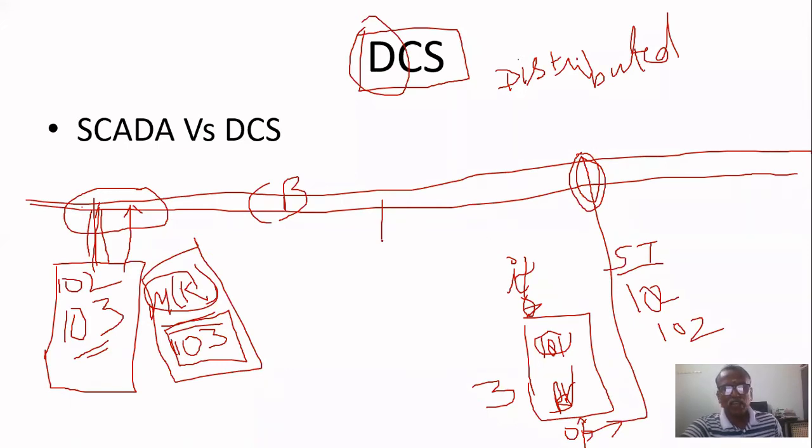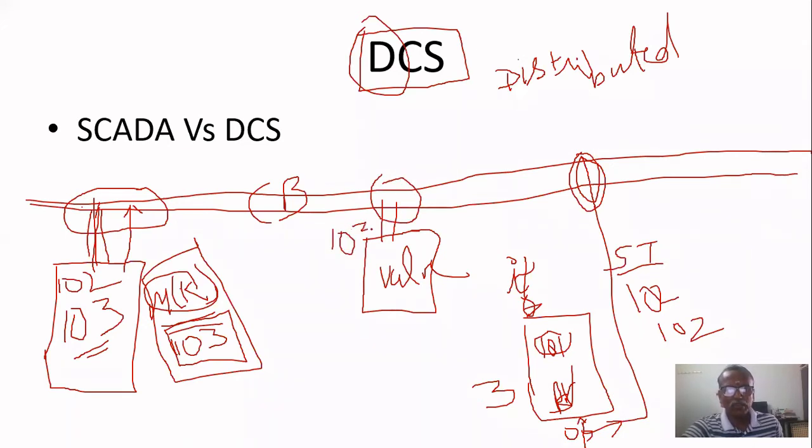Then another smart final control element, the smart valve, is there. The smart valve knows that the value for its operation will be sent by 103. So it reads all values but rejects all values except the data sent by 103, which will be taken by this valve.